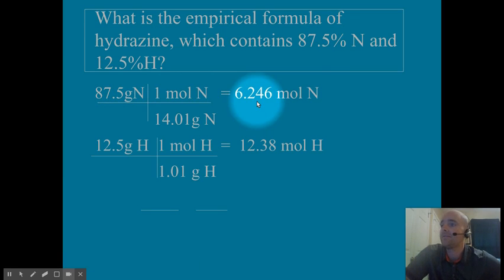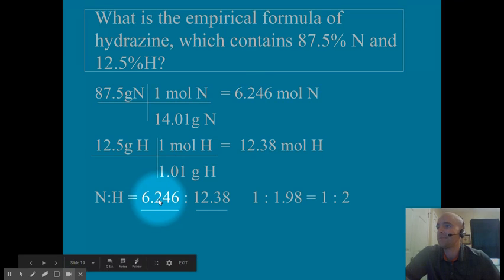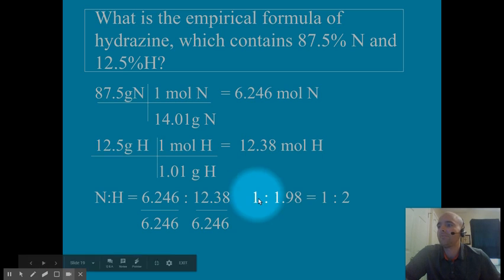Then I find the moles of hydrogen, and I will follow the same steps as before and apply a whole number ratio. What I will do is take the moles and put them in a ratio and divide by the smallest number and get a 1 to 1.98 ratio.